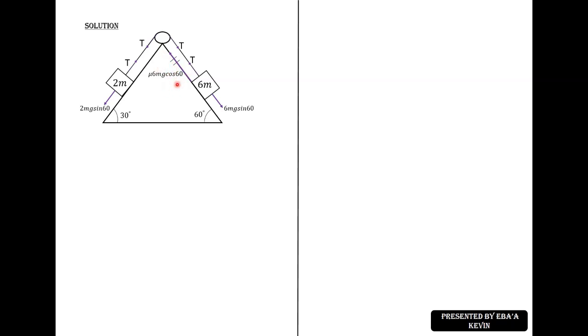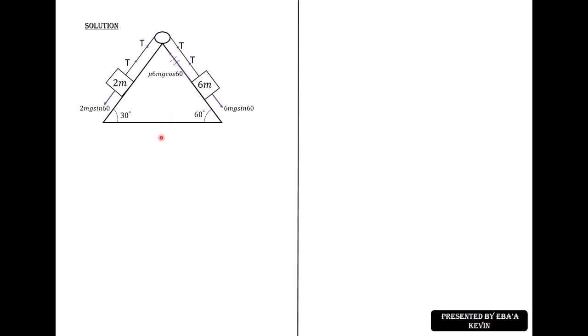The frictional force is given by mu times the normal reaction force exerted on particle B, which has mass 6m. The normal reaction force here is 6mg cos 60 degrees. I did not include it there, but you can clearly see that the normal reaction force is going to be 6mg cos 60 degrees.